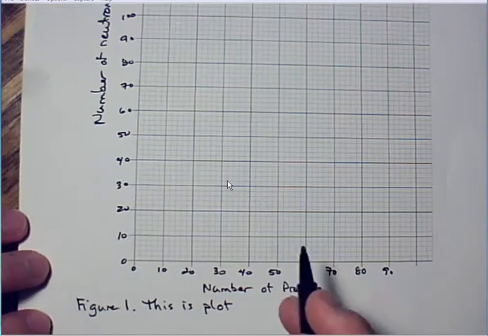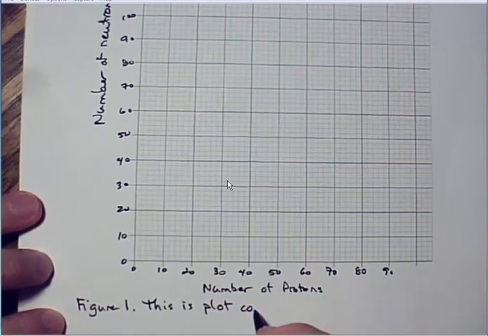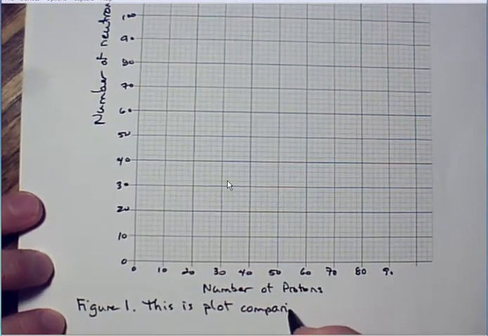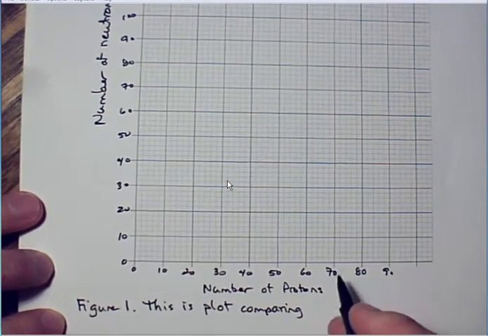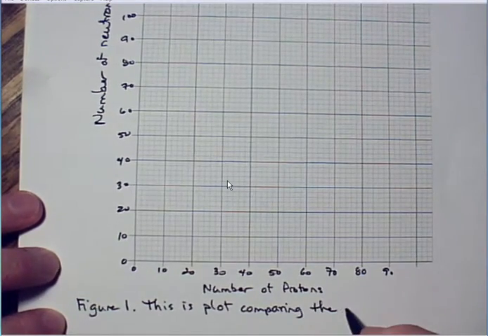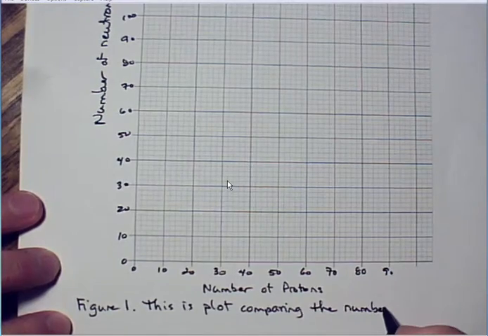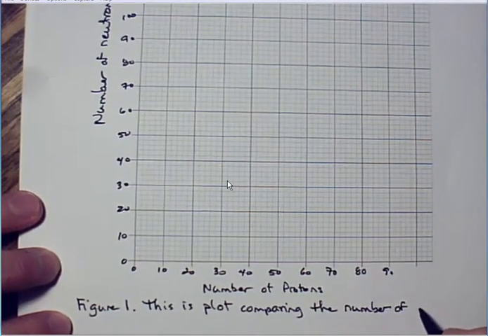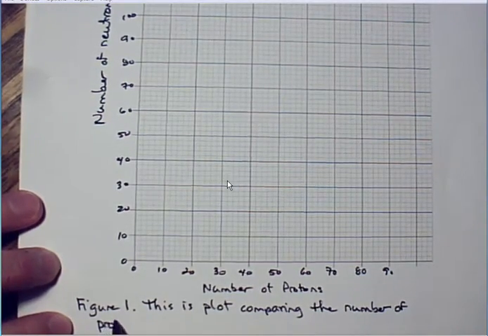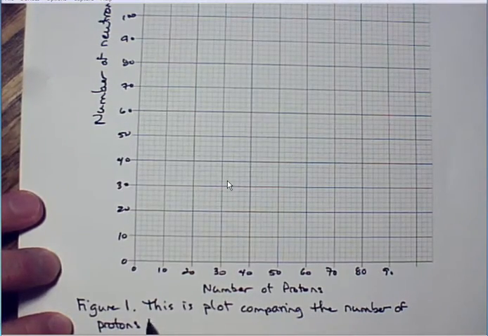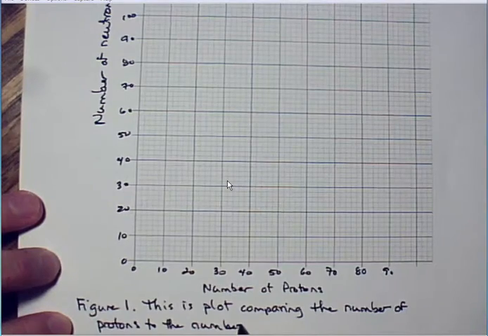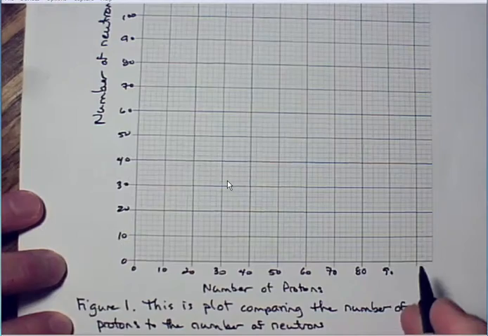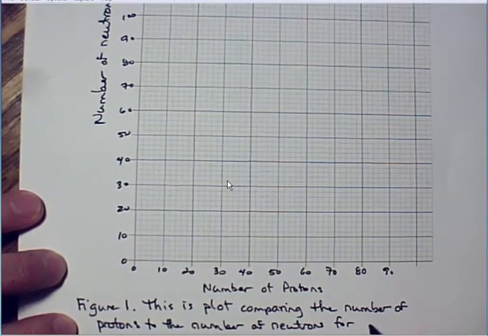This is a plot comparing, if you said graph, I wouldn't count it wrong, but it's technically a plot comparing the number of protons to the number of neutrons for all the stable isotopes.